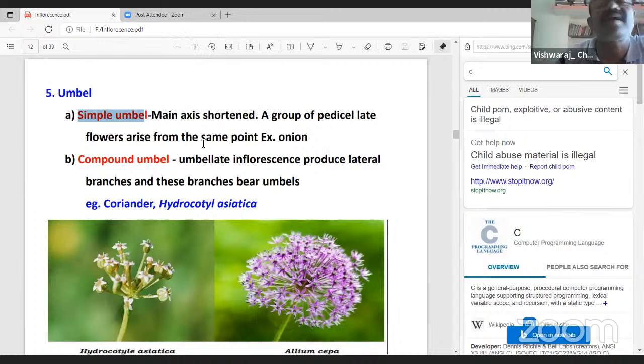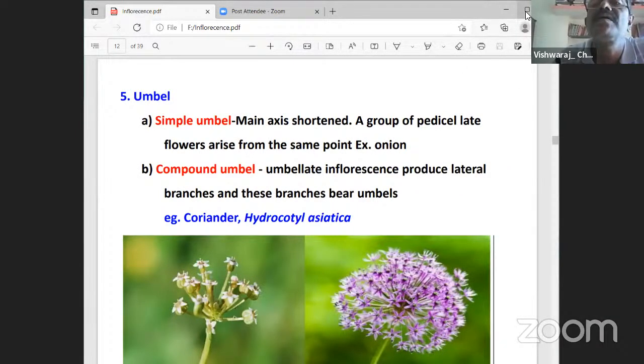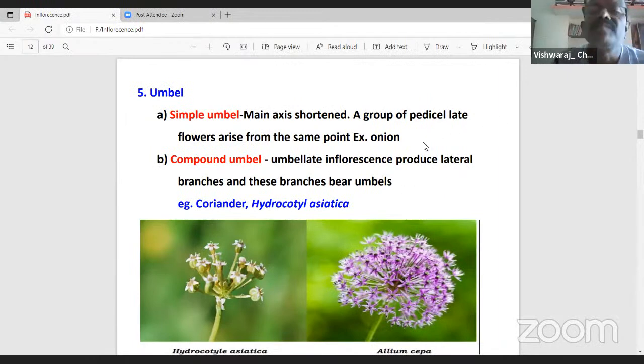Simple umbel: the main axis is shortened, and a group of pedicels with flowers arises from the same point. Example, onion. That is a simple umbel.